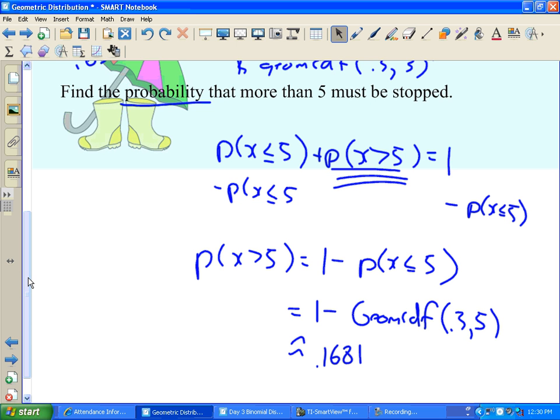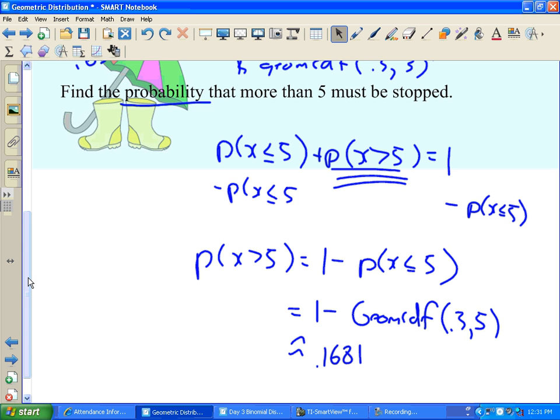Okay? So, most of the time, if 30% of the people have jumper cables, are you guys safe with me saying over 85% of the time, I'll get them in less than 5? Or 5 or less, I should say it that way. Over 85% of the time, I'll have to stop 5 or fewer people.